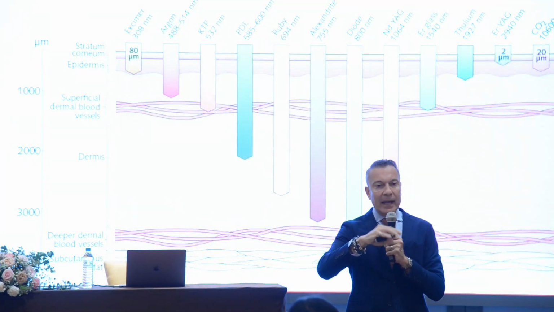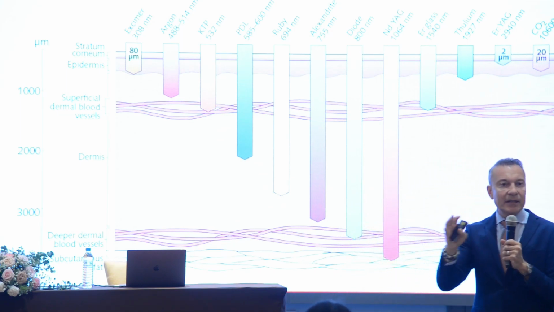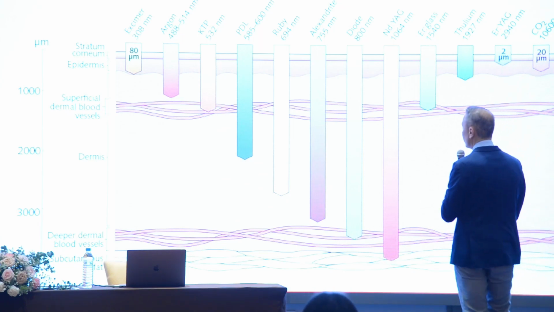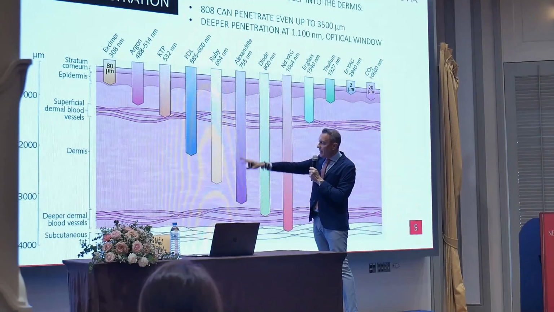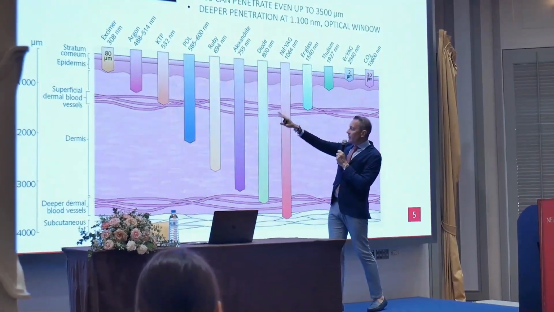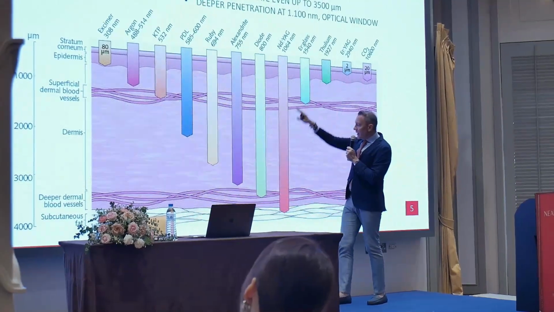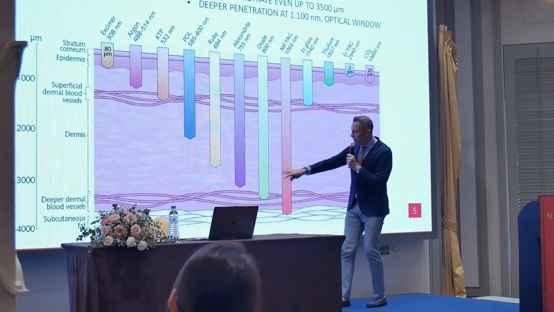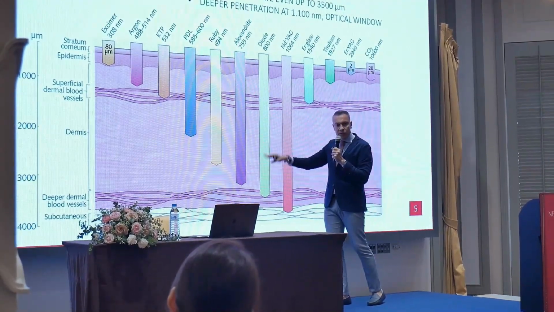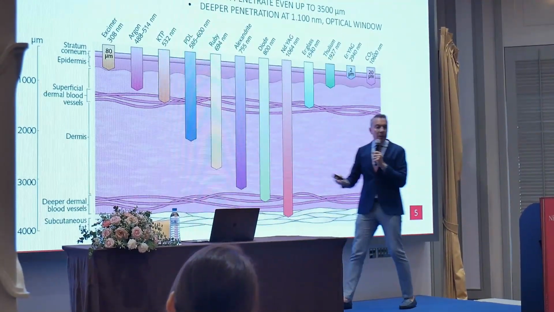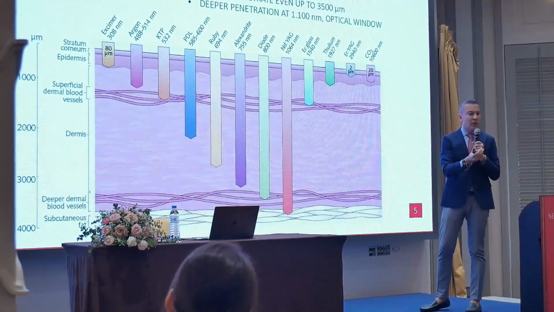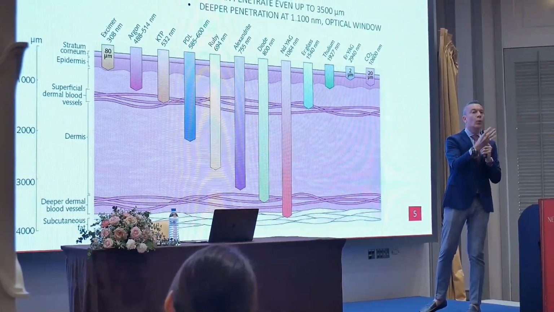So depending on the wavelength, as we saw yesterday, we have a different penetration of the laser. If we see the lasers for hair removal, we have alexandrite penetrating deep, diode a little bit deeper, Nd:YAG even deeper, because the hair follicles are here in this area. That's why we need to use lasers penetrating deep. But when we want to work on the skin, the chromophore we have to work on is water.